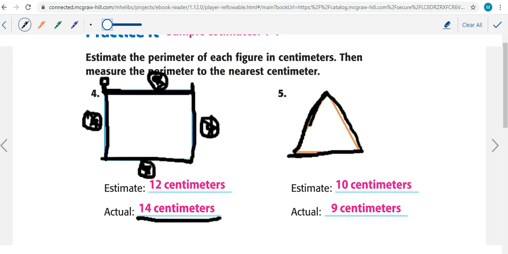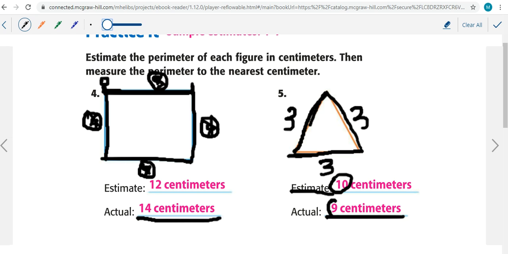Now, first you are going to estimate. Now, you might say a different estimation, but you cannot say 50 centimeters, 80 centimeters, because it's not reasonable. Now, this is the estimate, this is the guess, but the actual perimeter of this triangle is from here to here is 3 centimeters, another 3 centimeters, and another 3 centimeters.